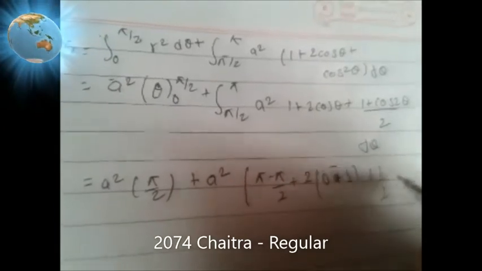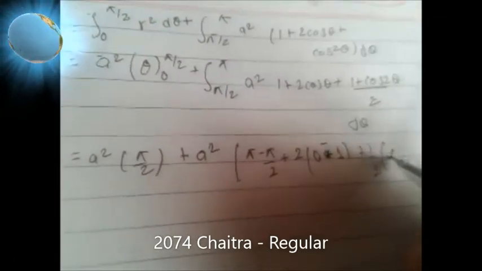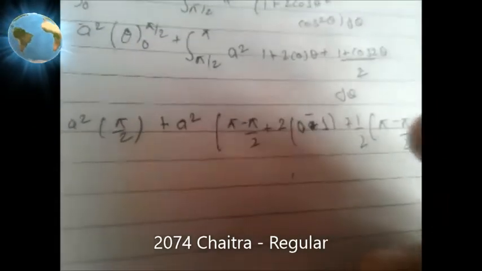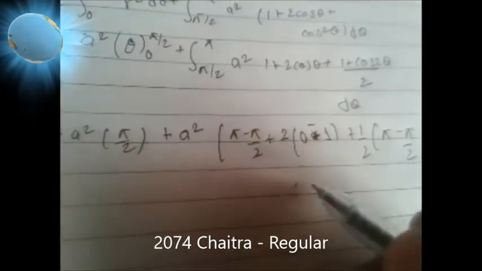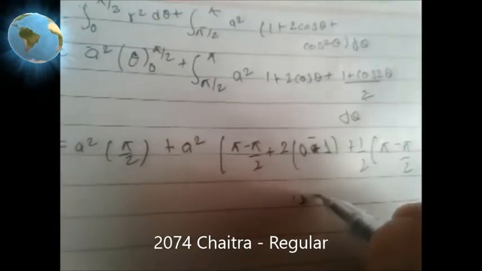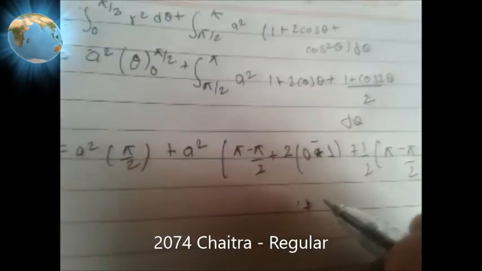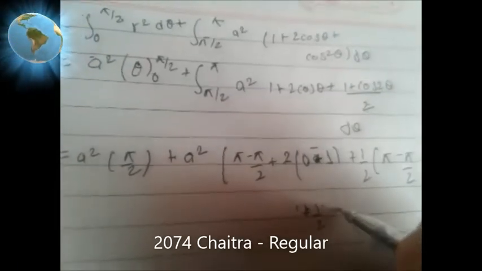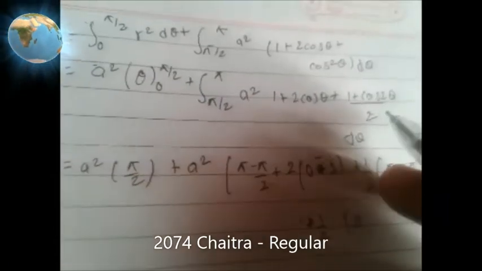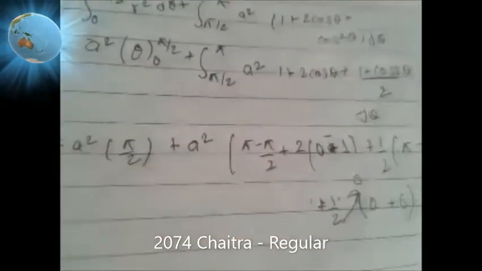Plus 1 by 2 times the integration of 1, which is pi minus pi by 2. Now for cos 2 theta, the integral would be 1 upon 2 sin 2 theta, and sin 2 pi is 0 and sin 2 pi by 2 is also 0, so this whole term leads to 0.